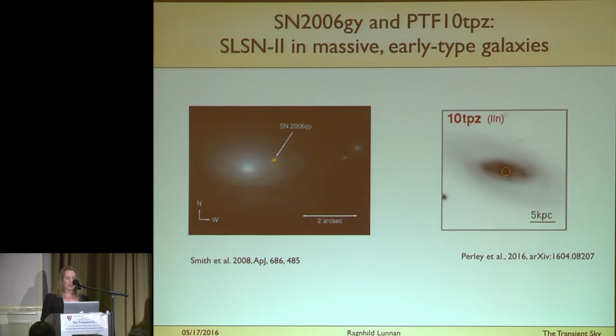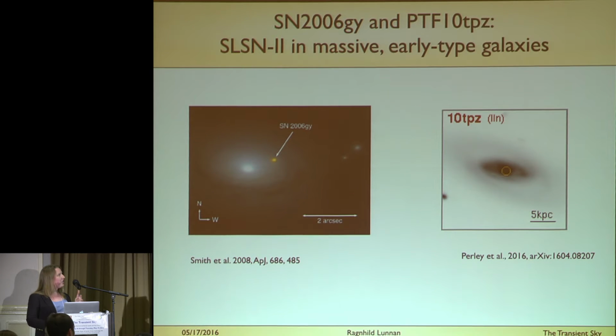I finally just want to mention that there are now two examples of type 2 superluminous supernovae that you find in pretty unusual environments. The first example is supernova 2006gy, which is in a massive early type galaxy, although later data suggested there is some star formation there. So it's still consistent with coming from a massive star.